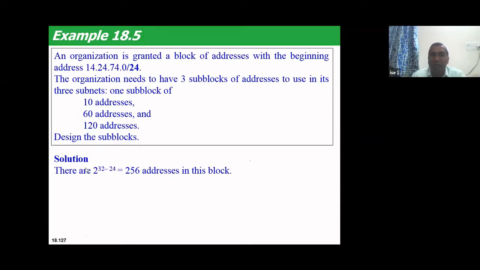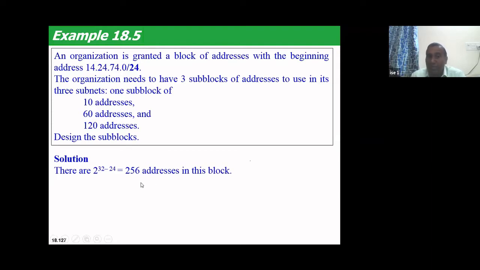So I have a simple formula: capital N is equal to 2 raised to the power 32 minus prefix. Based on this, I understood that this organization has been allocated 256 addresses.